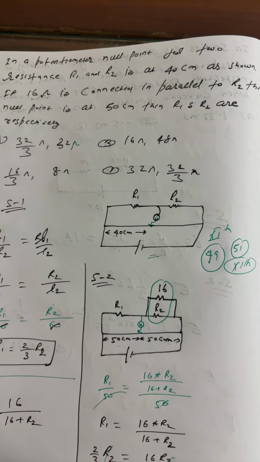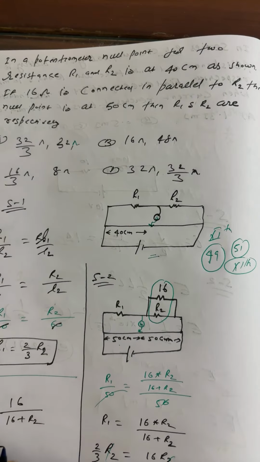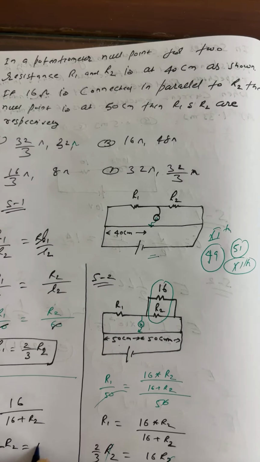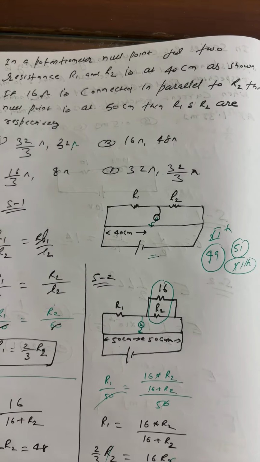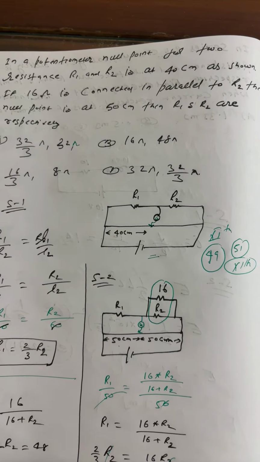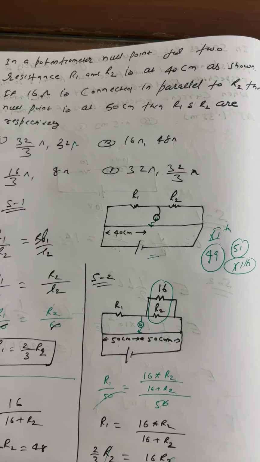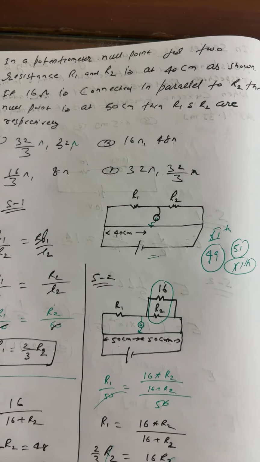Just cross multiply: 32 plus 2R2 is equal to 48. Right. So finally we will get twice of R2 is 48 minus 16. So you will get R2 is equal to 8 ohm. R2 is equal to 8.